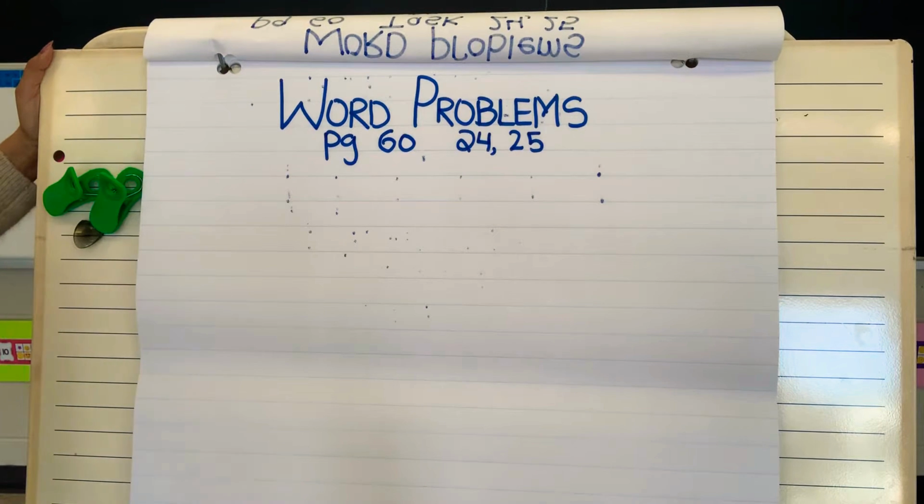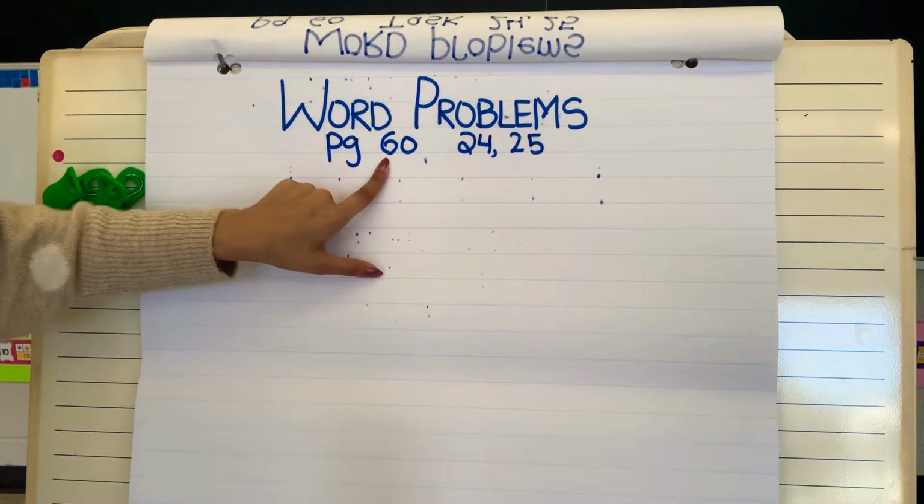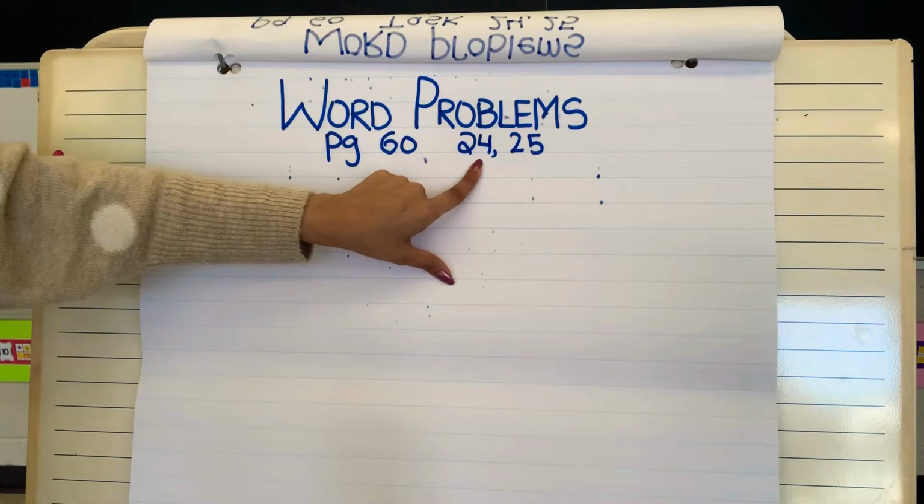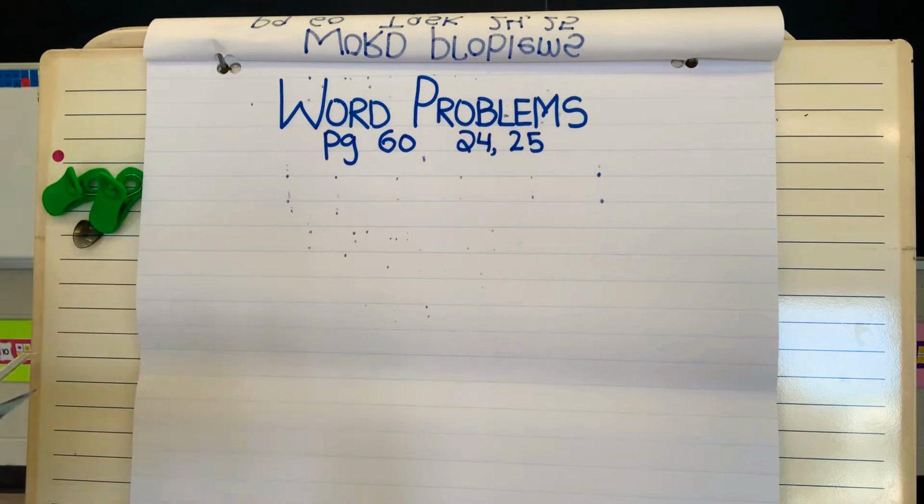So here we go. I am looking at page 60 of your textbook, and I'm reading the very top question. Allie bought 5 boxes of cookies for $8. How much did 2 boxes cost? Now read it one more time.